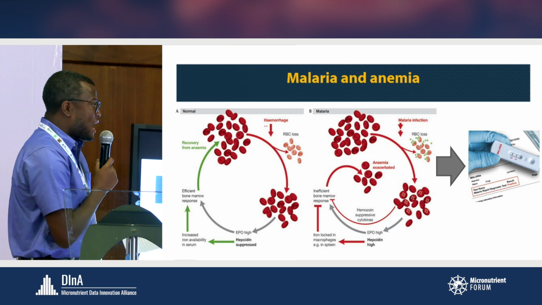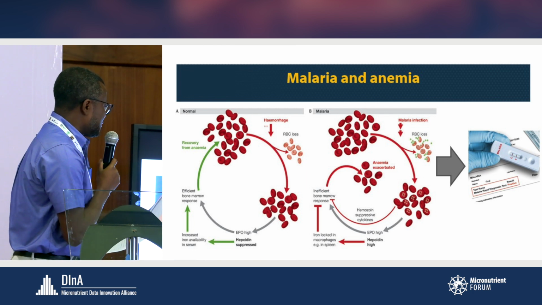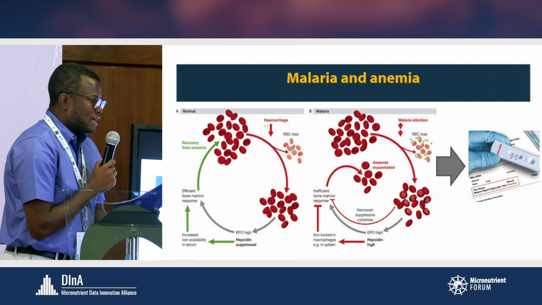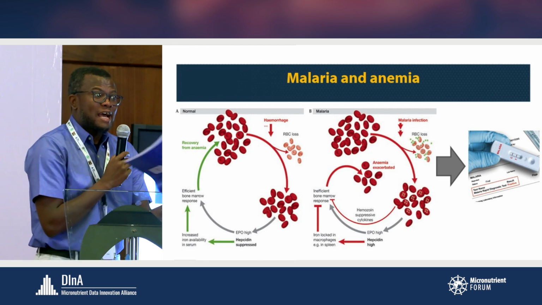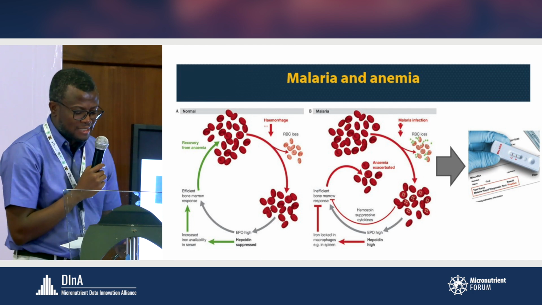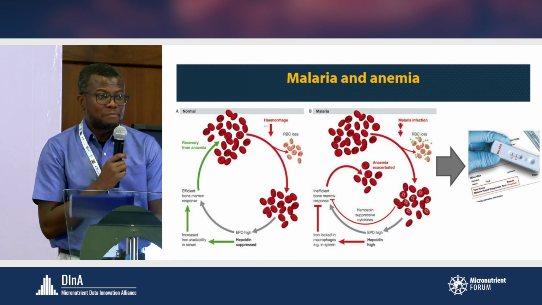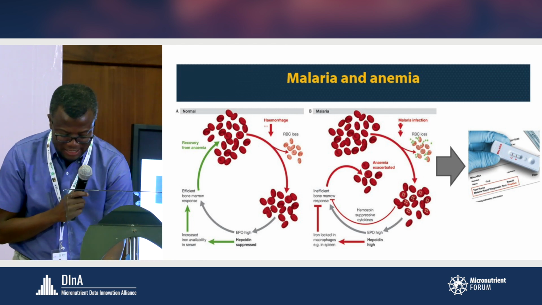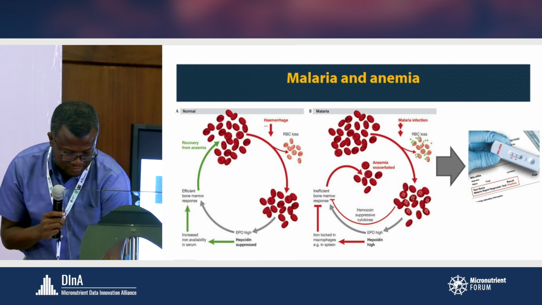There is also high hepcidin, so in that process there is inefficiency: the cells cannot absorb iron. So malaria has its own dimension of impact. This is one important factor we need to consider. A contextual factor like malaria has its own bearing on anemia.